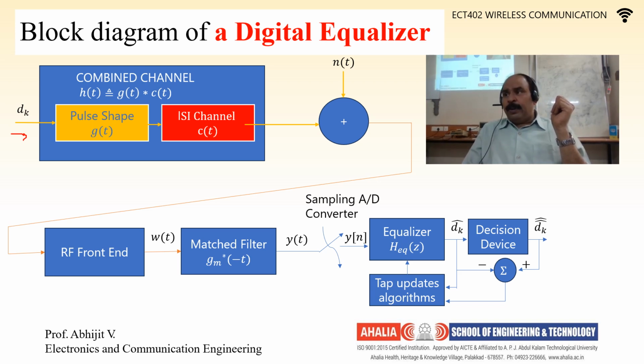Here adding it with the noise, additive noise or the colored noise. Okay, and then through the RF front end we are getting the signal to be w of t. Since we have a pulse shape, we are using a matched filter and then you are sampling it, giving to the equalizer the output of the equalizer d k cap. And here we have a regular updates to the algorithm.